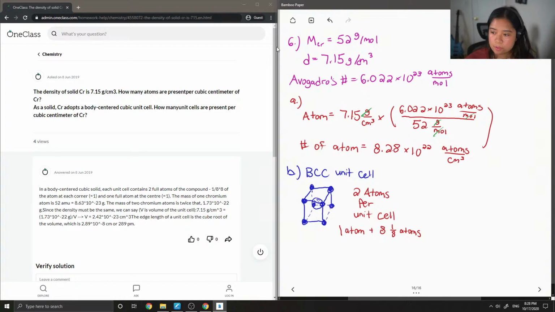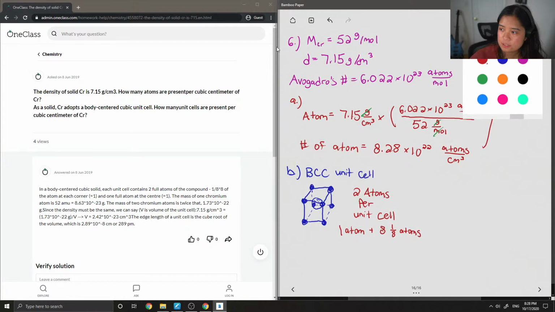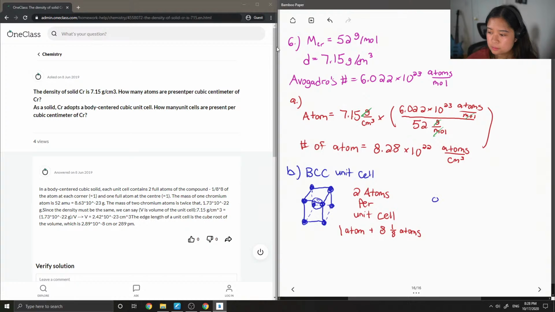Okay, so since we know that there are 8.28 times 10 to the 22 atoms per centimeter cubed, I'm going to take that value and then multiply it by 1 unit cell for every 2 atoms.